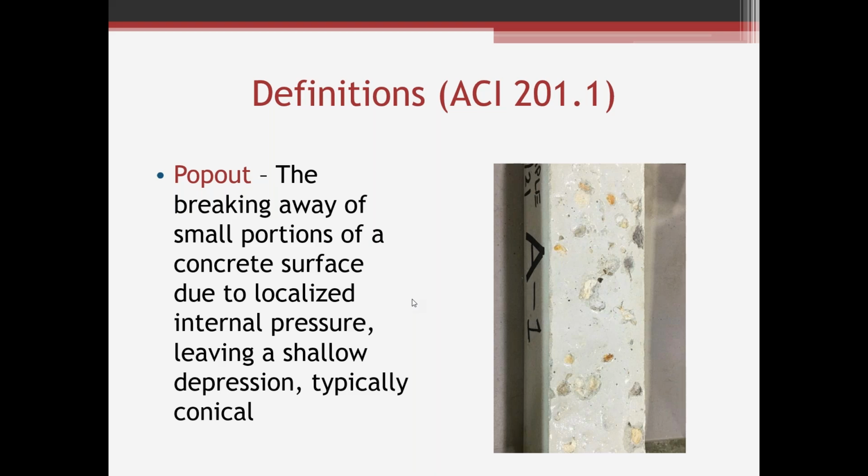These pop outs are typically like a conical depression, and you can usually see a piece of aggregate right at the bottom of that depression. You can see all of these pop outs here, and these are all due to just poor quality aggregate. We'll see some more of that aggregate here shortly.